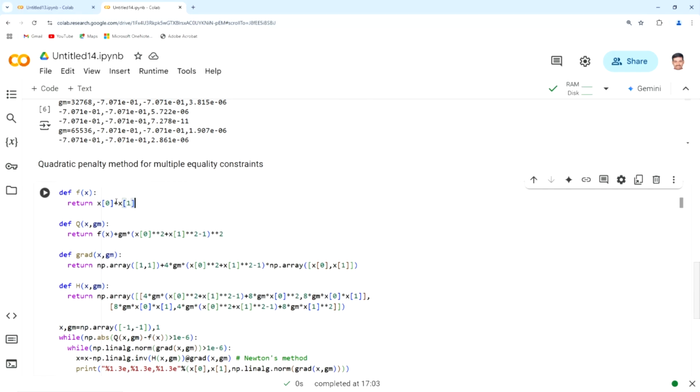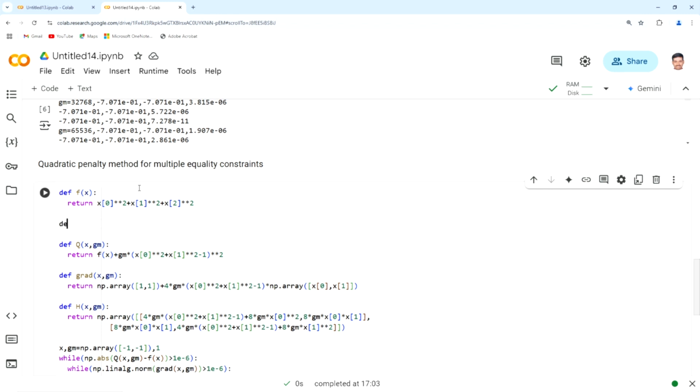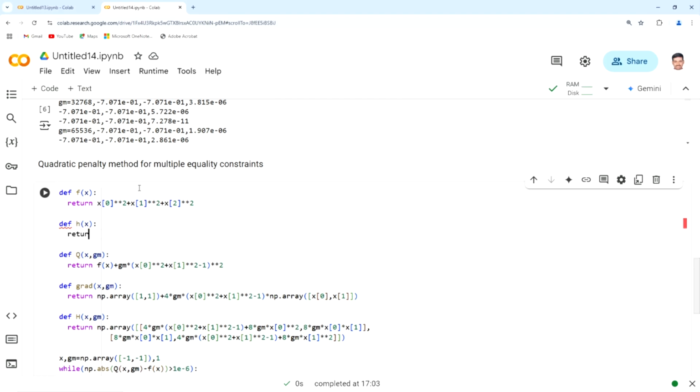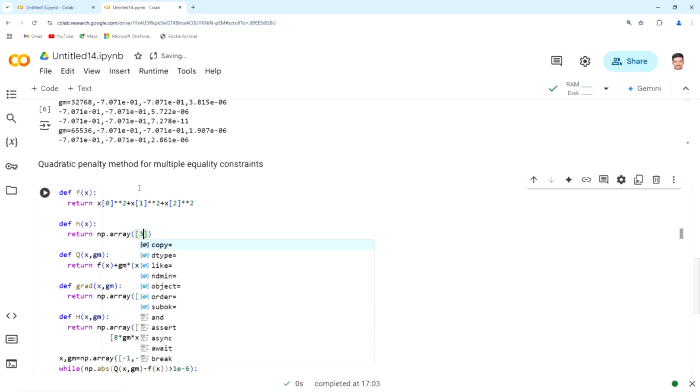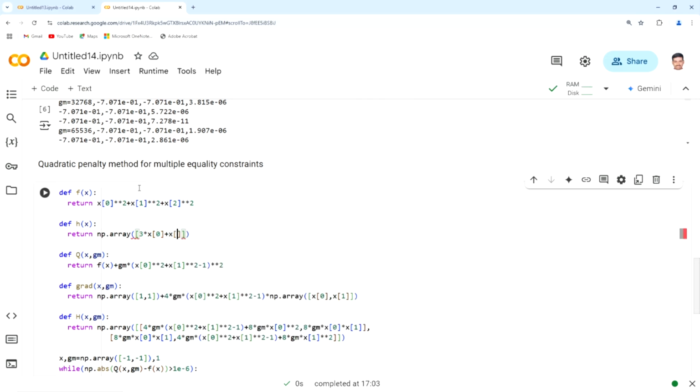And f of x is x of 0 squared plus x of 1 squared plus x of 2 squared, and yeah, we will write the equality constraints, that is h of x as yeah, the constraints which is 3 x 1 plus x 2 plus x 3 minus 5 equal to 0.